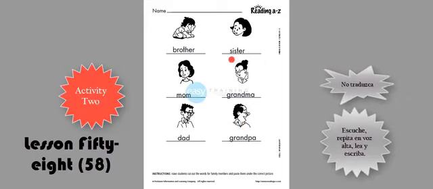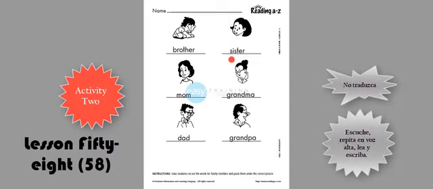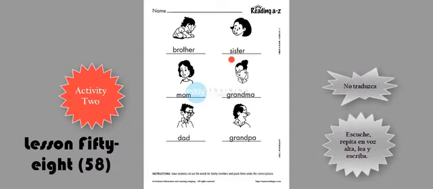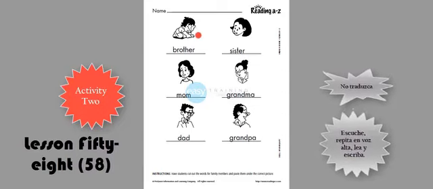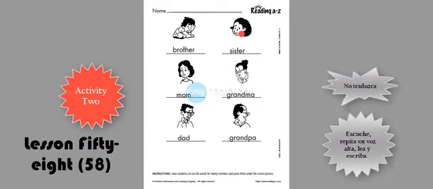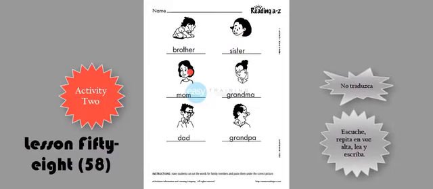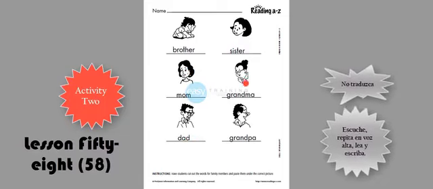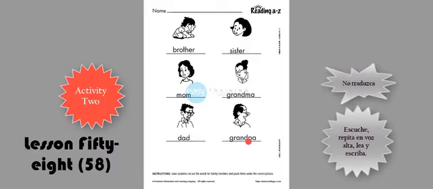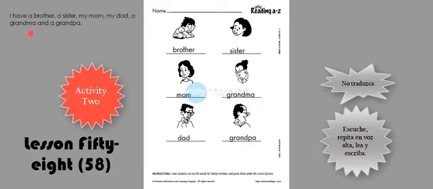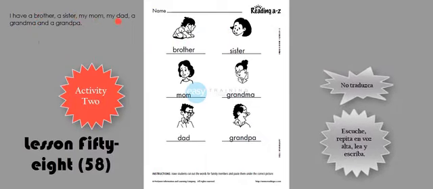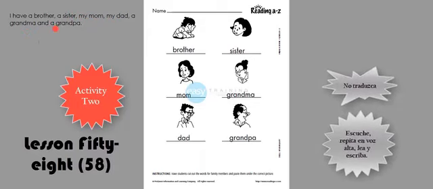Ahora voy a describir my family desde el punto de vista de quienes tengo en my family. I have a brother, a sister, my mom, my dad, a grandma, and a grandpa. Voy a escribirlo. Here you are. I have a brother, a sister, my mom, my dad, a grandma, and a grandpa.